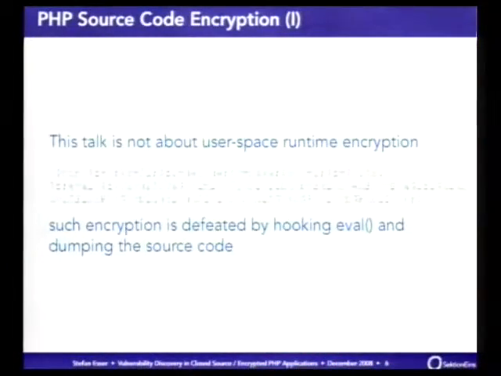This is nothing I'm speaking about, because this kind of protection can be easily defeated by just changing the PHP source code and hooking the eval function, and you just output the parameter of the eval function instead of executing it, and then you get the original source code back. Maybe you need to step through several layers, but usually you get the original source code, and this is not really a protection. What I speak about is something that looks like this.